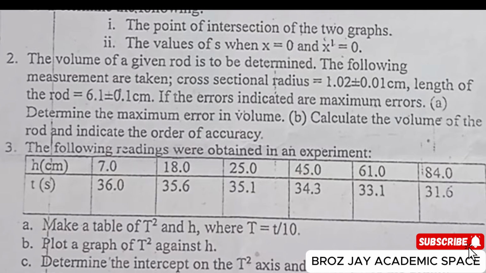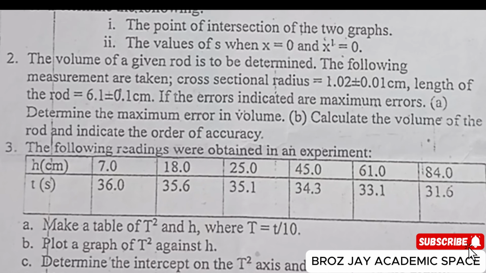Plot a graph of t square against h. Determine the intercept on the t square axis and the slope of the graph. Write down the linear relationship between t square and h.